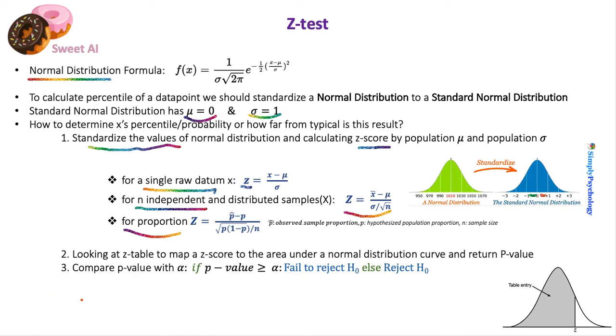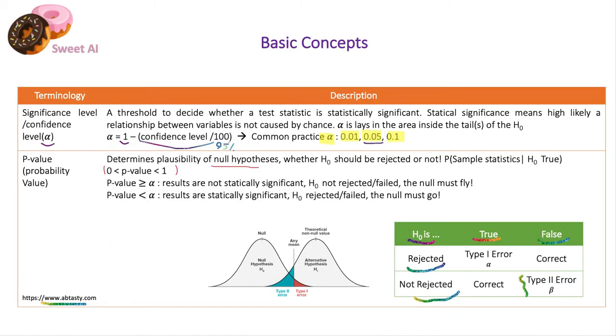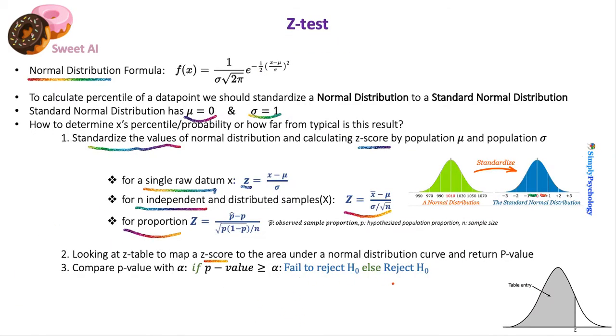After calculating the z-score, we look at the table and map the z-score to the area under the normal distribution curve, and we return the p-value. Then we compare the p-value, and if it is bigger than alpha, we fail to reject the null hypothesis, and if the p-value is smaller than alpha, we reject the null hypothesis.